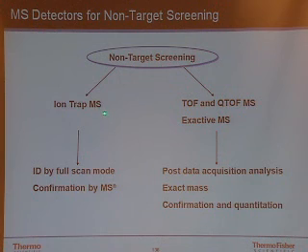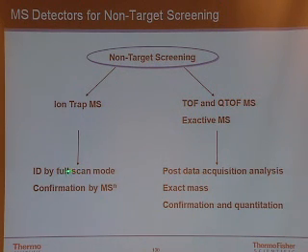You get the parent ion and daughter ion spectra, which is a good confirmation tool. And you can identify your unknowns by full scan spectra and also by the MS spectra. Okay? Now, the other way to do that is on the right-hand side.